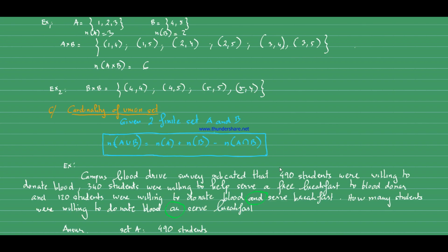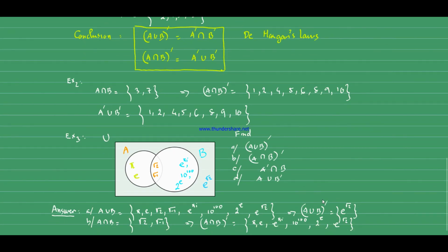Now we want to take the union with B. So we know that B is this: square root of 2, square root of -1, e to the pi i, 10 to the 100, and 2 to the e.